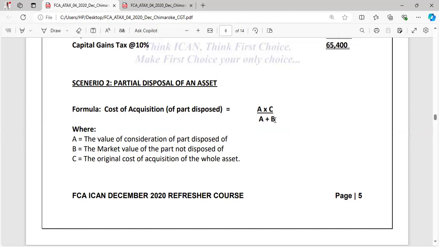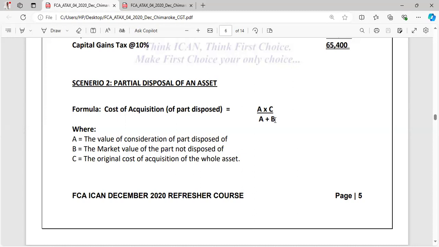A is the value of the part that you are disposing of, the value of consideration, how much you collected for that part, or how much that part is valued at.